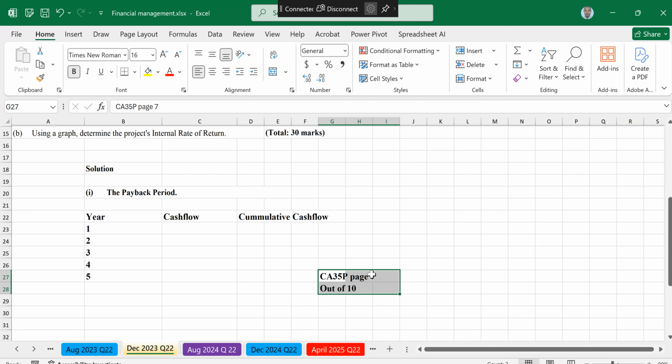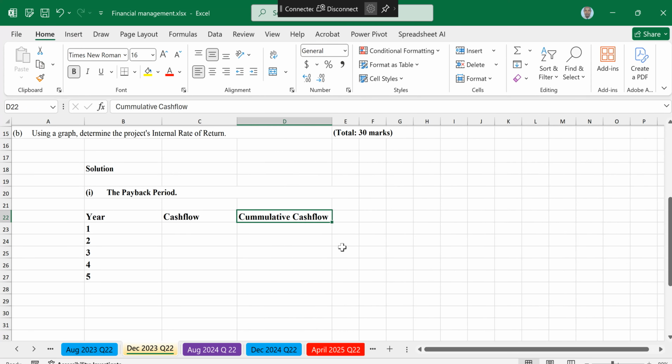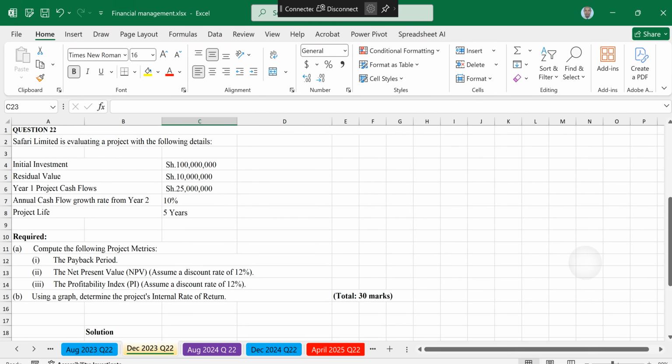So we will do it the way we were doing it before. What is the year 1 cash flow? The year 1 cash flow is 25 million.